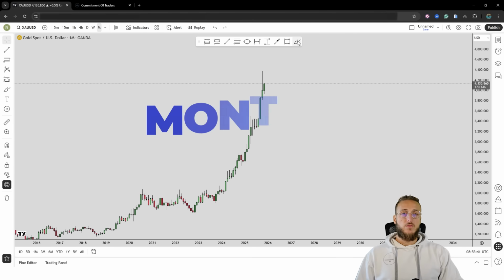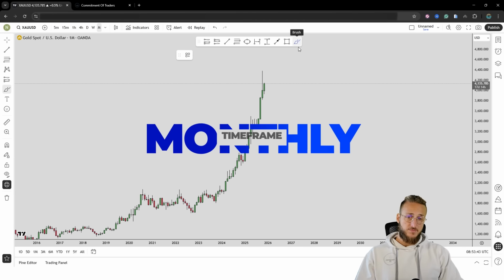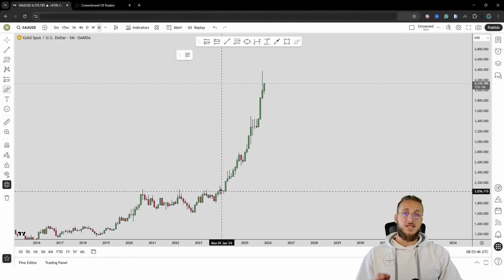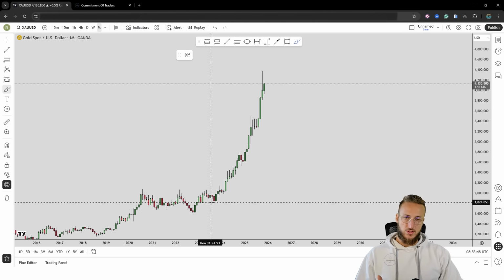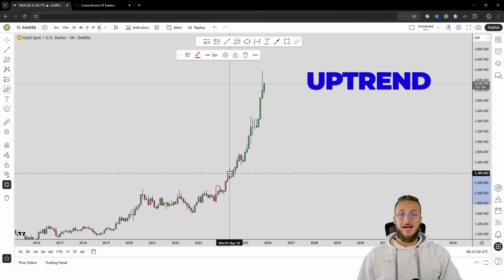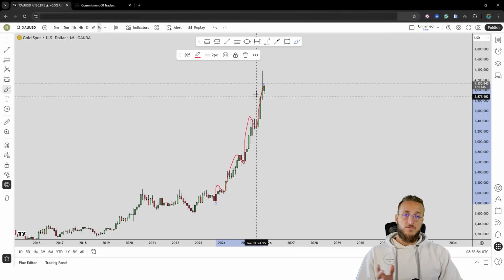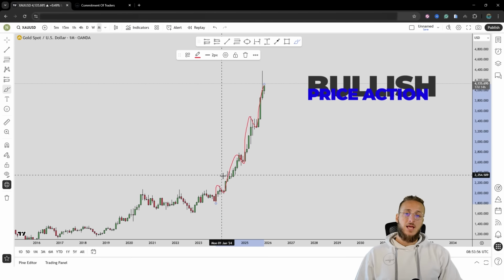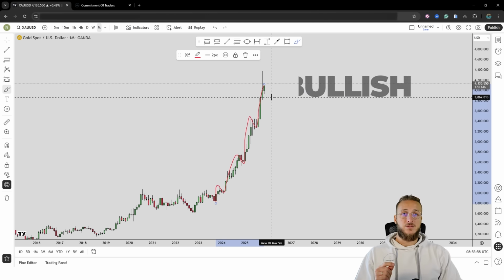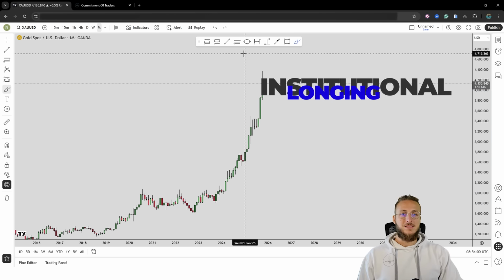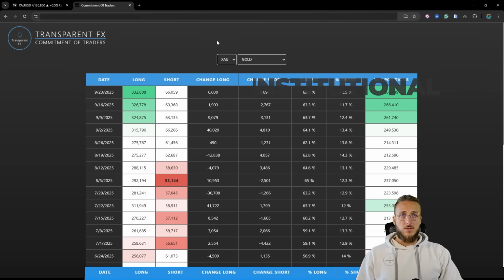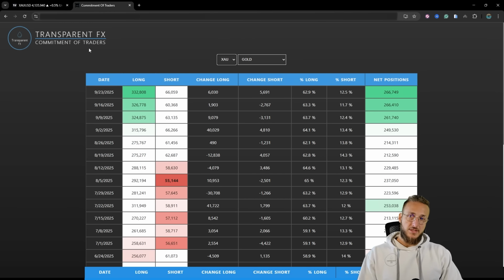Now, starting here from the monthly time frame, what we can see is that we have a market which at the moment is in a very strong uptrend. The market has been creating a series of monthly higher highs and higher lows with a very strong bullish trend, and all this push to the upside is fueled by strong institutional buying, which is something that we will speak about in just a few moments when we move to the commitment of traders analysis.